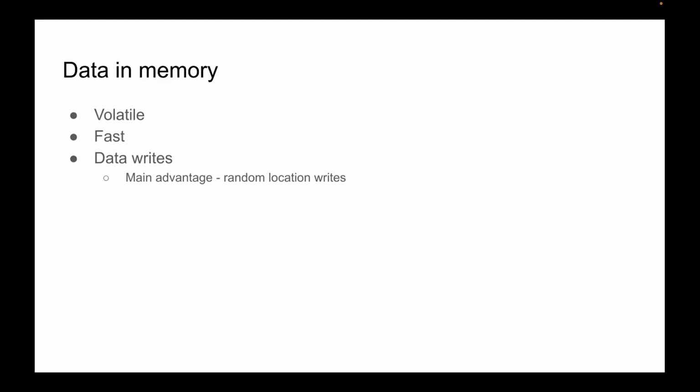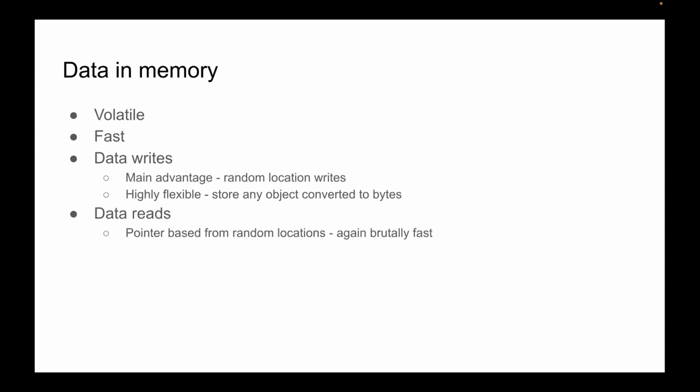You can write extremely fast into any location in your random access memory. That's why it's called random access. And it's extremely flexible, meaning that you can store any type of object in this memory as long as it is converted to raw bytes, correct?